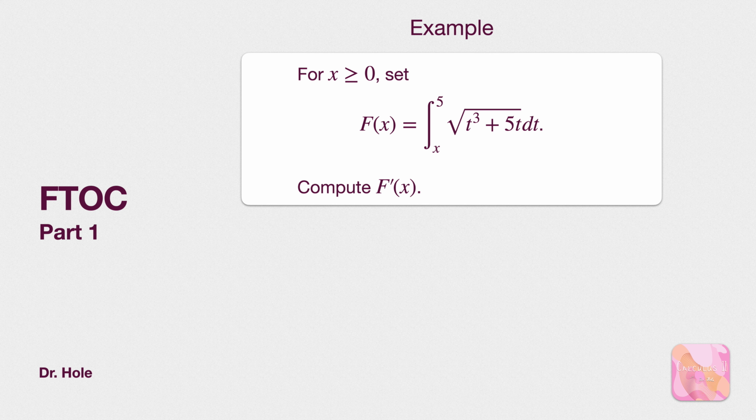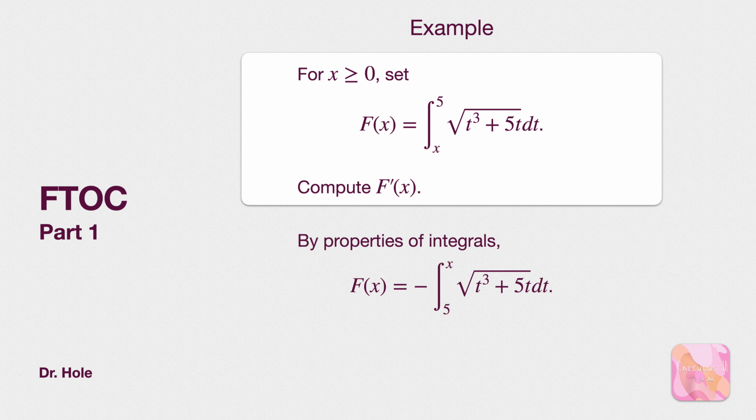So we need to address that. We need to interchange the bounds of integration. And when we do that, we're going to pick up a minus sign. So rewrite capital F in an equivalent form where the variable appears as the upper bound, and that'll allow us to apply FTOC part 1.